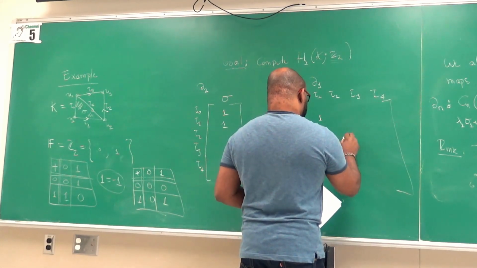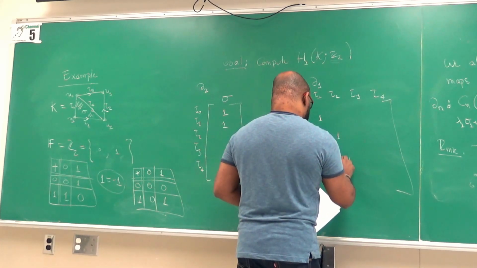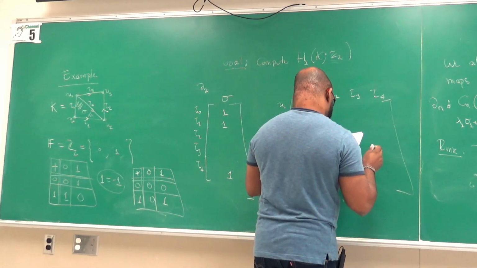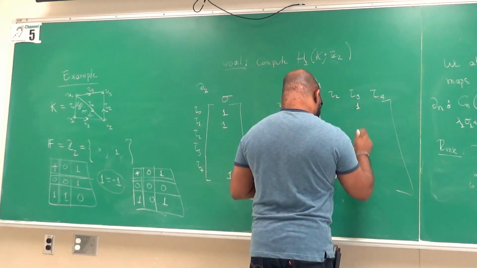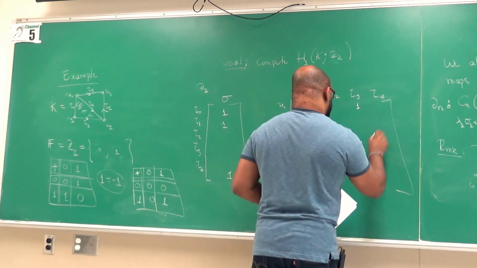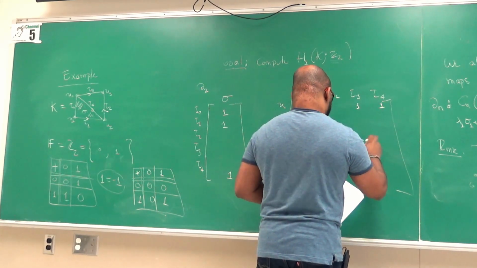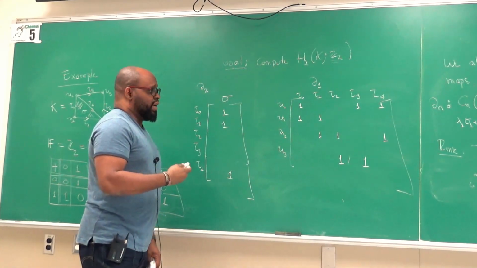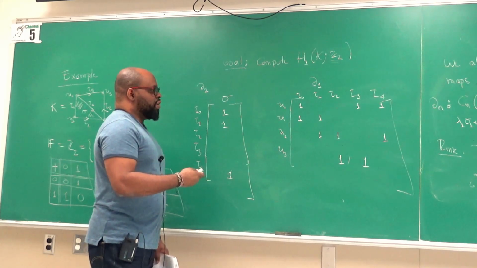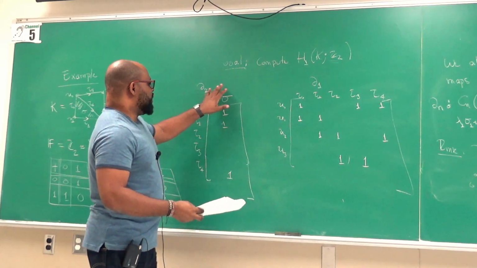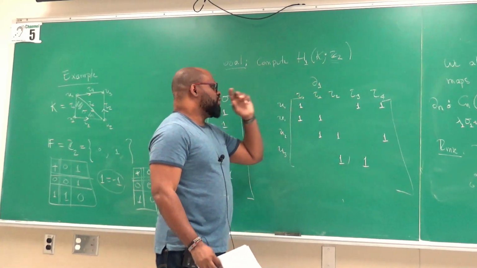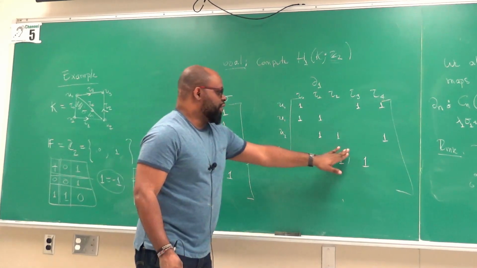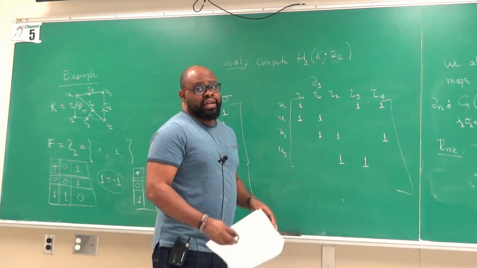Here we have 1, 1. And then 1 here, 1 here, and 1 here. So that should be the two matrices of the boundary transformations with entries in this field, Z mod 2.